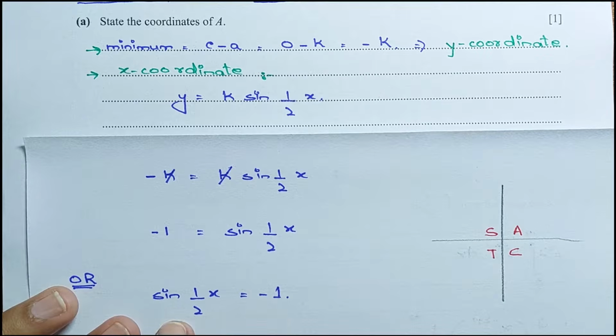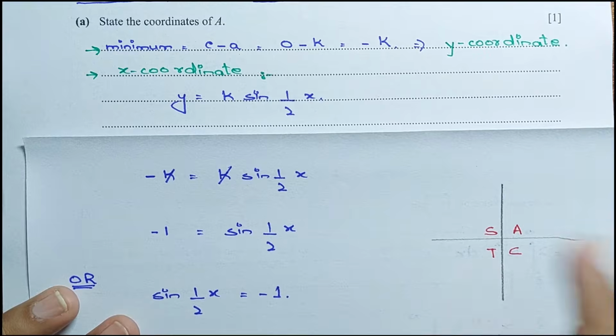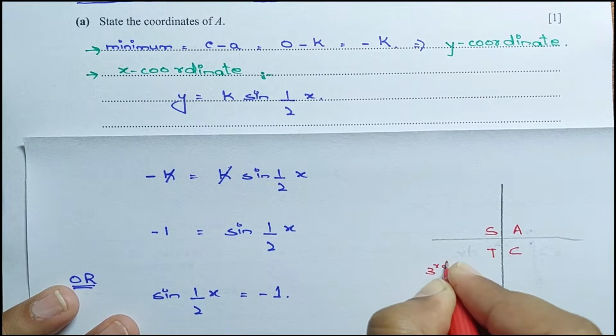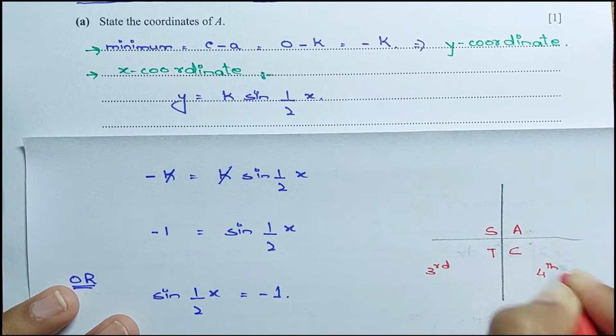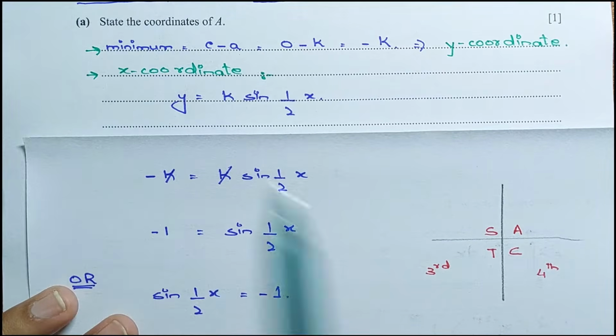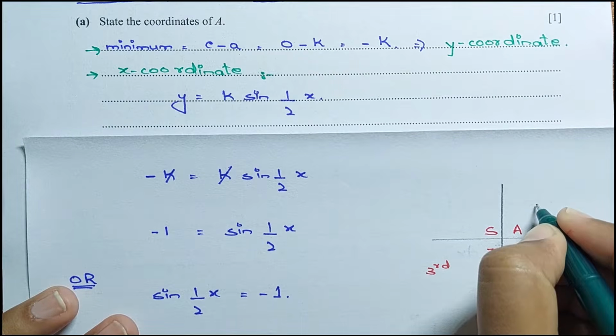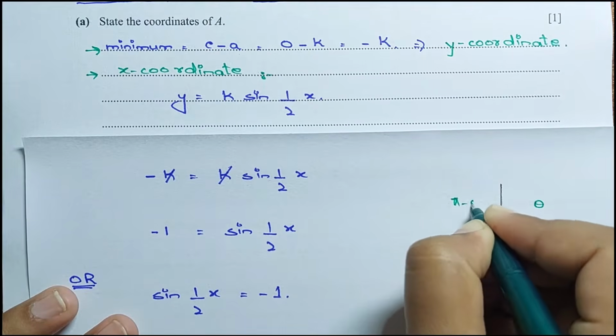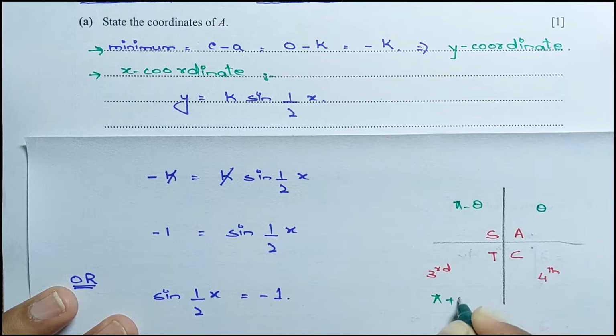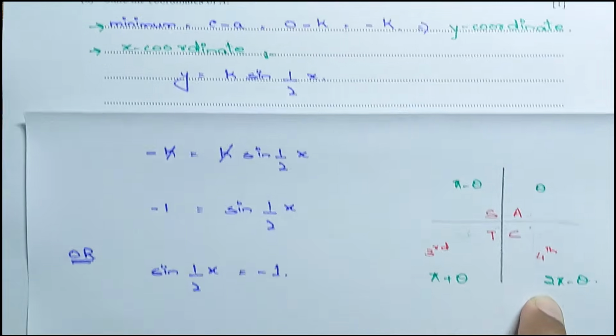In this equation, sine is negative, so sine is negative in the third quadrant and in the fourth quadrant. And what are the operations for the third and fourth quadrants in terms of radians? We have theta, pi minus theta, pi plus theta, and 2 pi minus theta. So we have to apply pi plus theta and 2 pi minus theta.